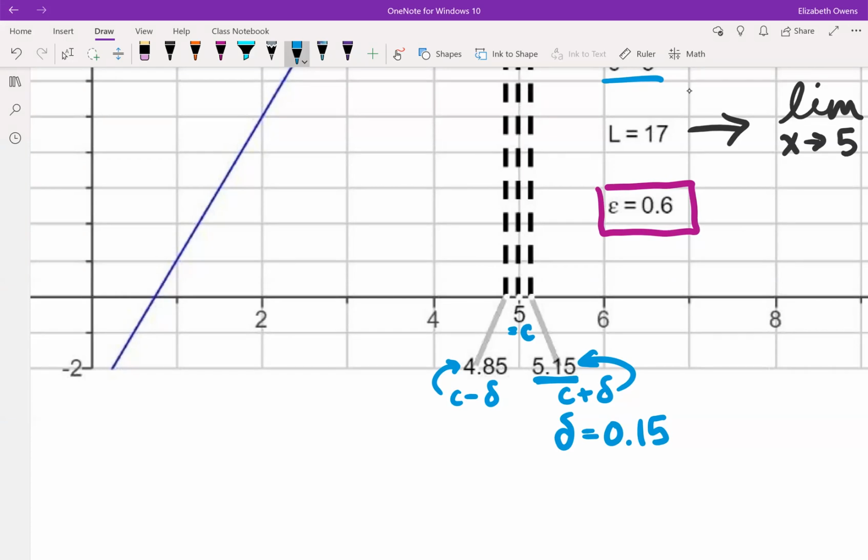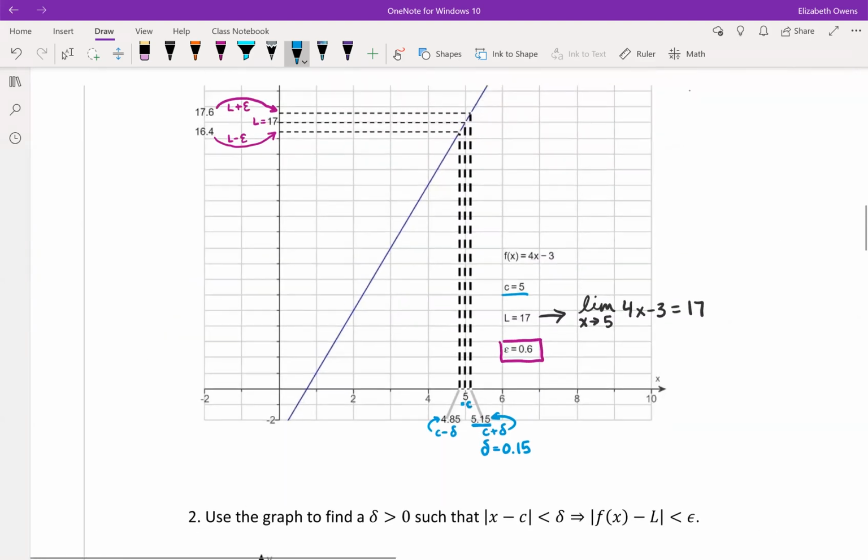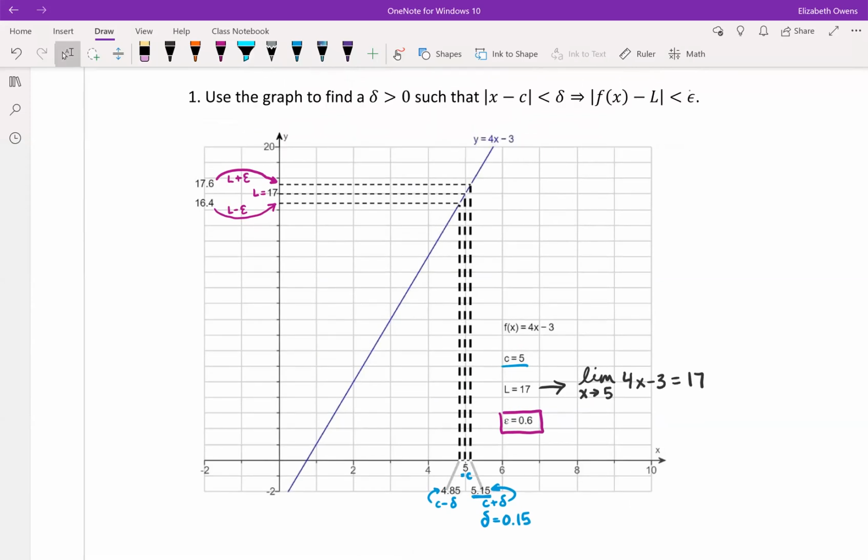Yeah, that would make 5.15 truly c plus delta. And then 4.85, that's 5 minus 0.15. So that really is c minus delta. Okay, and for this problem, that's just our answer right there. Delta is going to be 0.15. Okay, there's our value.